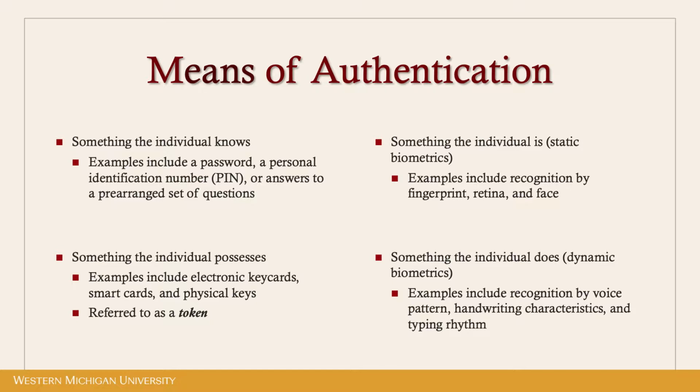There are systems that will actually use the typing rhythm when you enter your password. It's going to make sure that the rhythm corresponds to your standard rhythm when you type. So in case somebody manages to steal your password, maybe that rhythm detection is actually going to catch that person out.